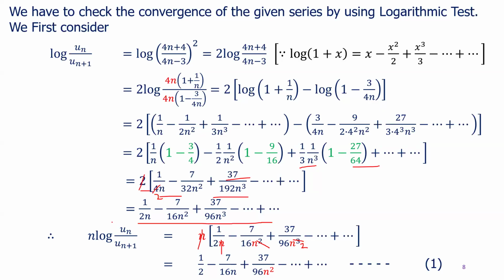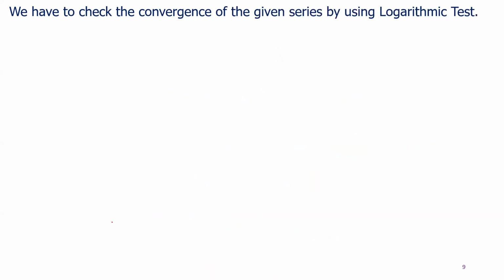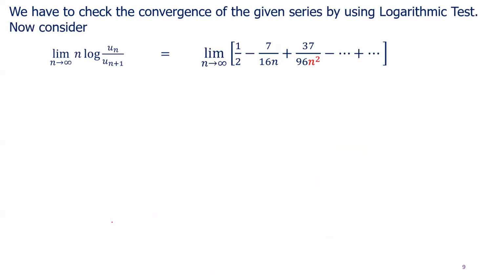Let us try to find its limit, because we have to check the convergence of the given series by using the logarithmic test. Now consider the limit of n log un upon un plus 1, which is equal to the limit of 1 upon 2 minus 7 upon 16n plus 37 upon 96 n square, and so on, when n tends to infinity.